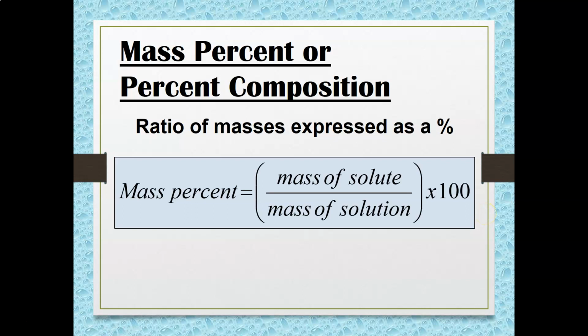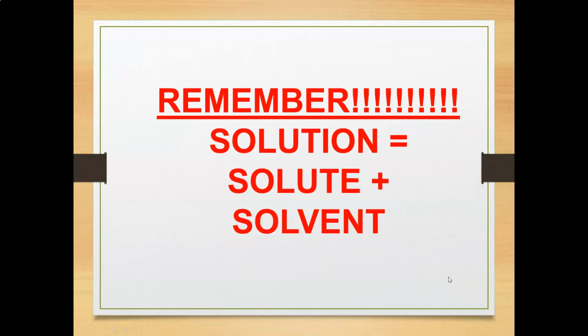One of the things that's really important is that you pay close attention to these little vocab terms here. This is not solvent on the bottom. This is the mass of the entire solution altogether. You have to remember that the solution is what you get when you have the solute plus the solvent.